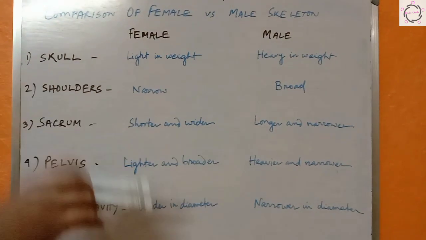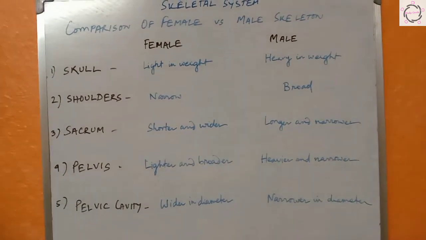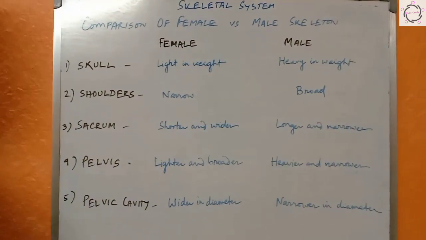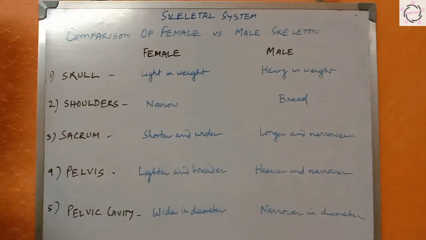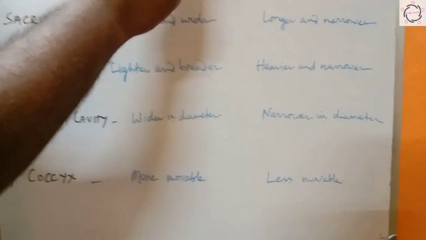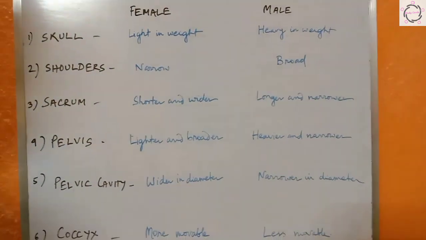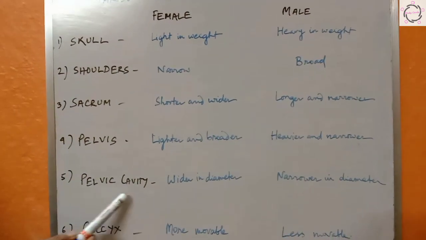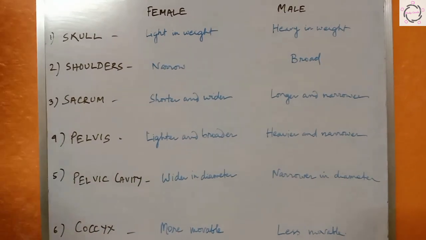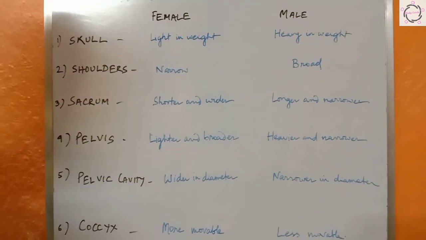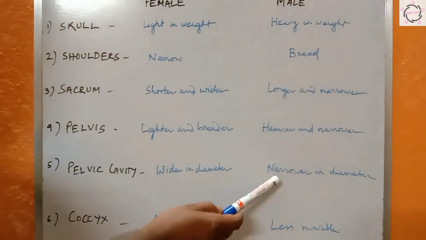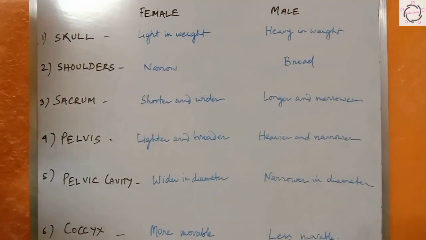If you want to write down this comparison, you can take it. Sacrum is shorter and wider in case of female and longer and narrower in case of male. Pelvis is lighter and broader in case of female, and heavier and narrower in case of male. Pelvic cavity is wider in diameter. Why is it wider? Because it is nature's gift for childbirth; in case of male it is narrower in diameter.